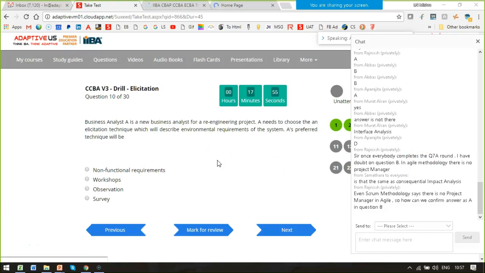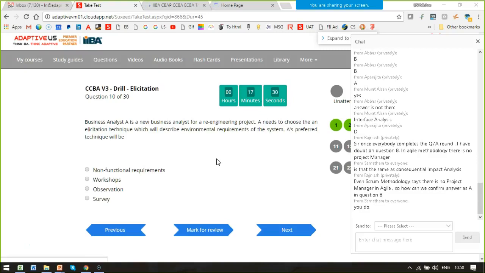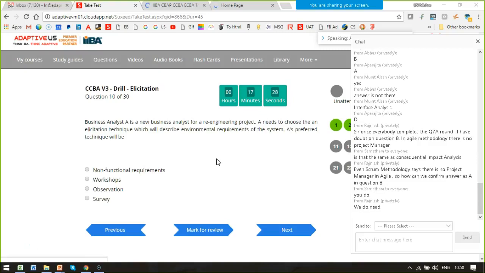So please accept the role of project manager if it is mentioned. Now, in Agile or Scrum methodology, what happens? Does it mean there is no project management activity? Do you think you will not need project management in Agile? Yes or no? You do. Okay. So then who does project management?